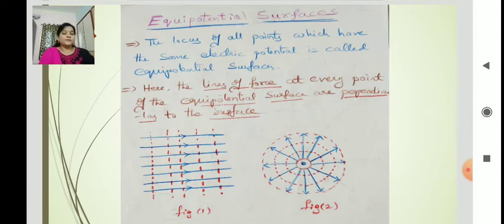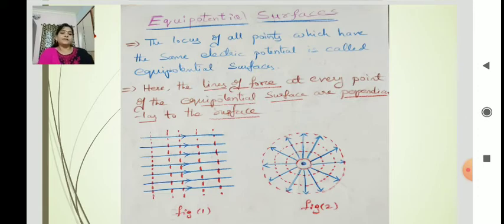So the surfaces at every point of which the potential is the same are called equipotential surfaces. The locus of all points which have the same electric potential is called an equipotential surface.